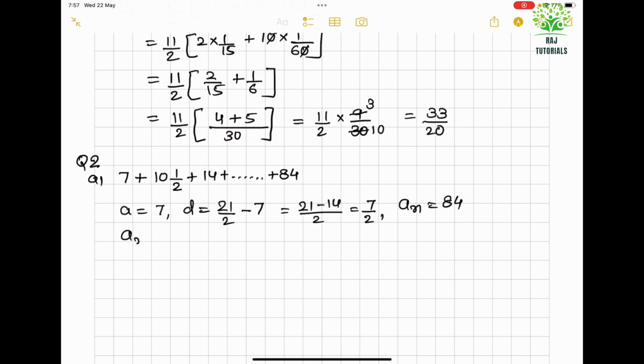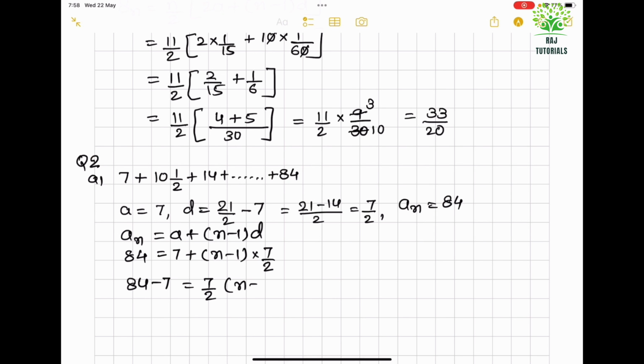So I have to use the formula an equal to a plus (n minus 1) d. So a will be 7 plus (n minus 1), I don't know n. Here an is 84 and d is 7 by 2. So 84 minus 7 equal to 7 by 2 into (n minus 1).